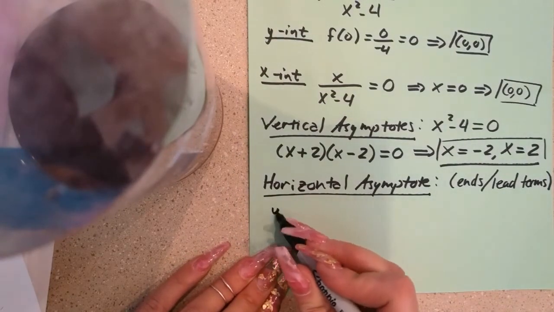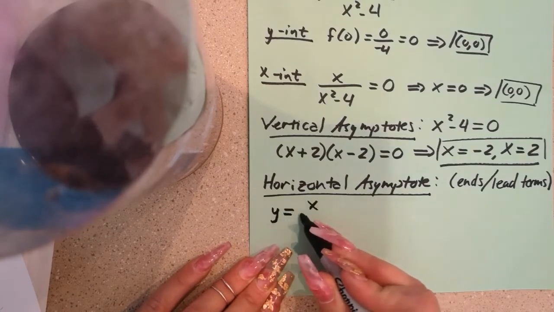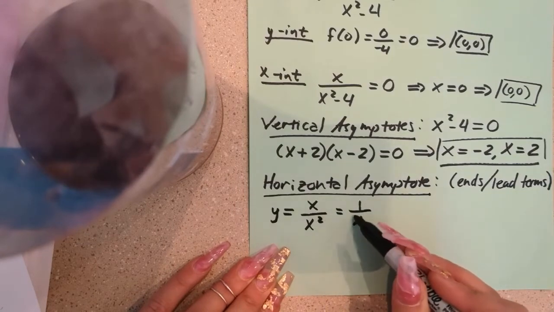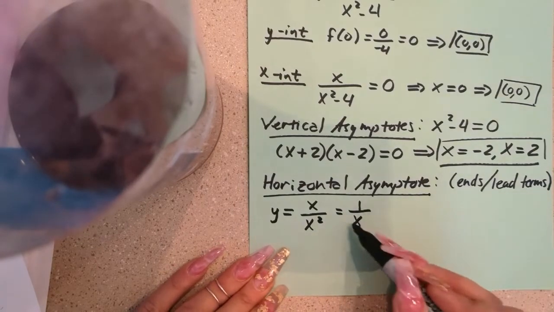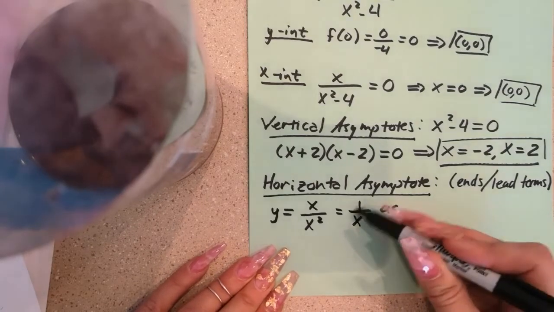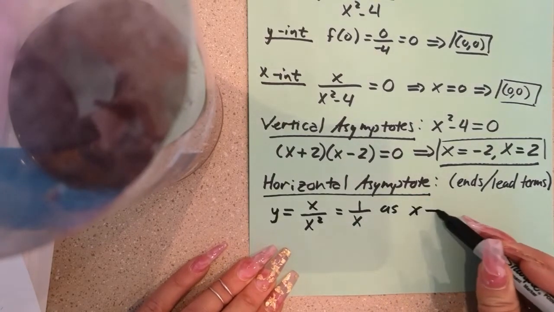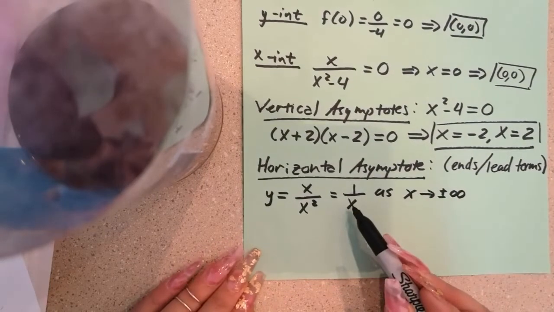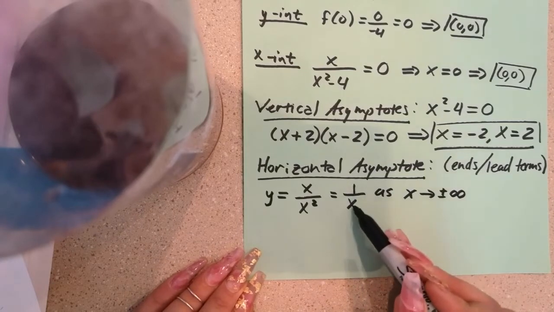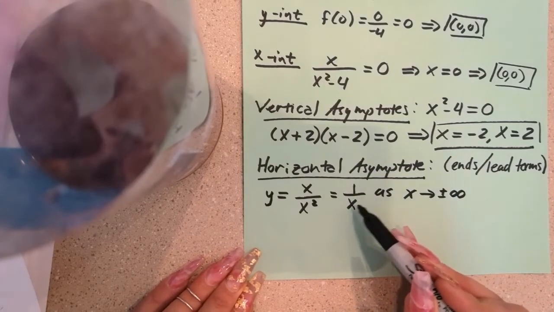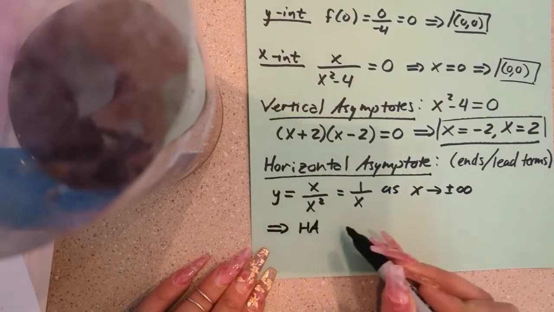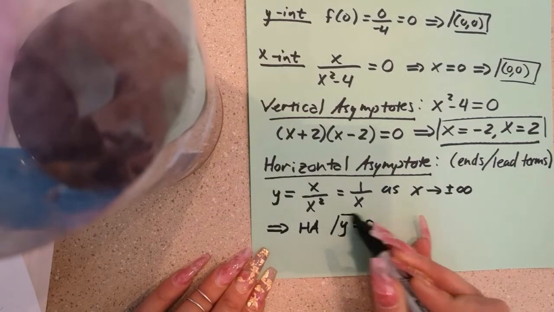So looking at my leading terms, I have x over x squared, which reduces to 1 over x. What happens to 1 over x as x goes to positive or negative infinity? If x is a huge number, I'd have 1 over 100, 1 over 1,000, 1 over 10,000. This is going to approach 0, right? Therefore, my horizontal asymptote in this case is y equals 0.